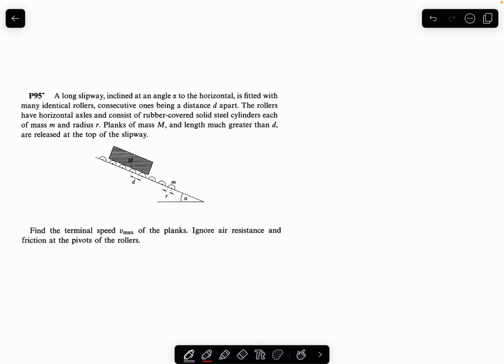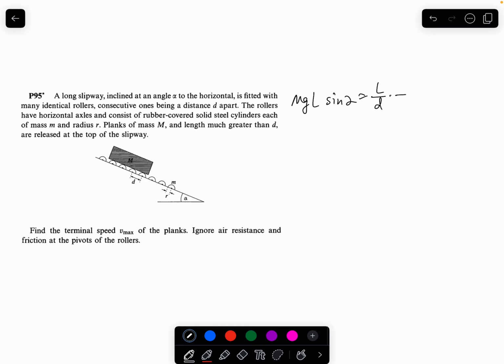It is actually false reasoning to suppose that the lost gravitational potential energy of the plank is simply converted into kinetic energy of the rollers. This would lead to the equation with the lost potential energy, which tells us that v would equal to this.